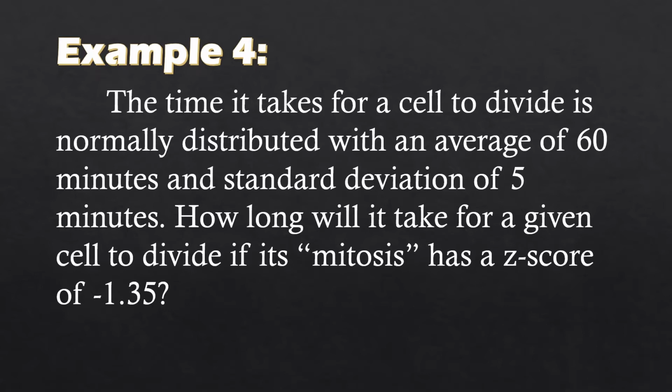So we have given values: the mean, which is also the average, 60 minutes, the standard deviation, 5 minutes, and we are going to find the time it takes for a given cell to divide in mitosis.